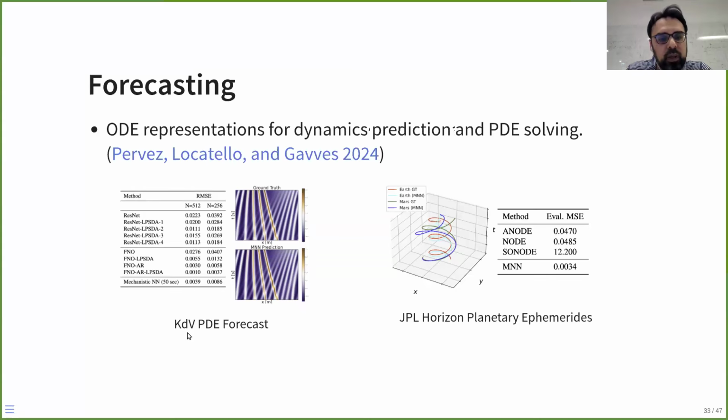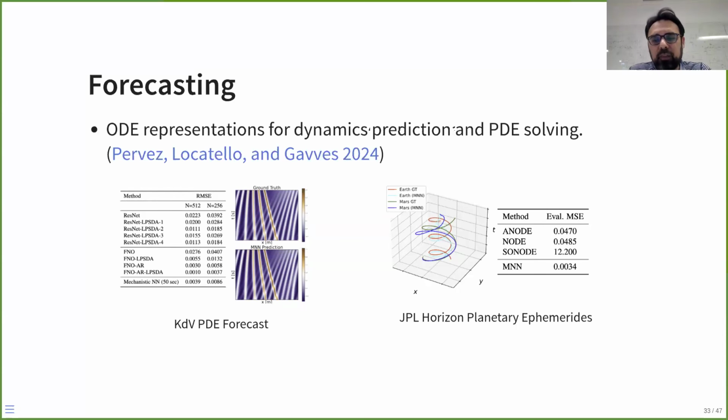I show one example for the KdV equation, and in this case, we can match other neural operator methods. We can also do trajectory prediction. In this case, I take data from the JPL Horizons database, which is data for planetary trajectories. We take the largest, I think, 25 bodies in the solar system, and we take the trajectories from, I think, 1980 for a few decades.